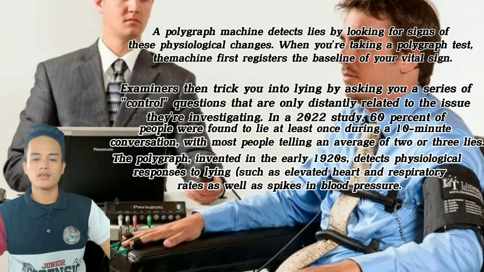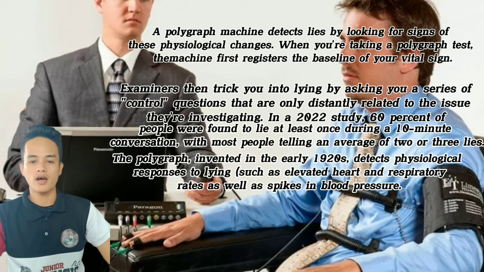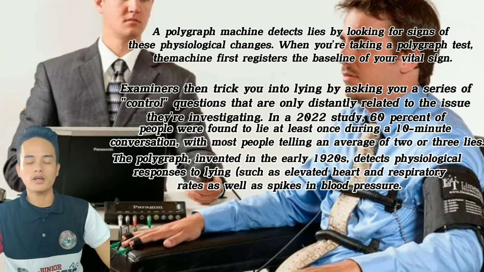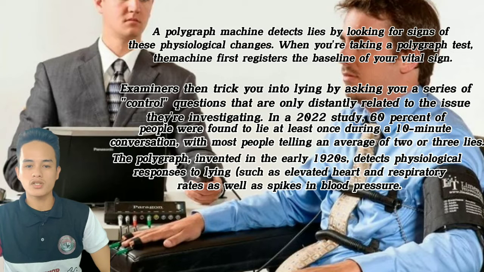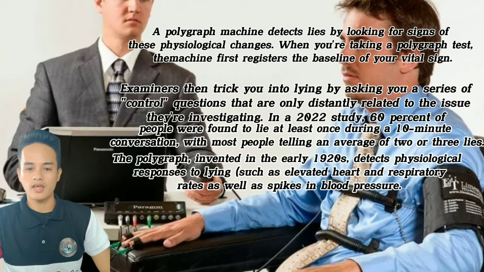A polygraph machine detects lies by looking for signs of these psychological changes. When you're taking a polygraph test, the machine first registers the baseline of your vital signs. Examiners then ask you a series of controlled questions that are only distantly related to the issue they're investigating.